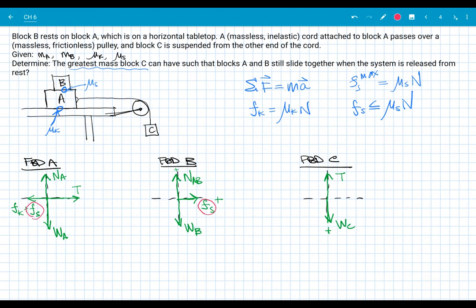You can also, if thinking about static friction is just a little bit too abstract for you, you can consider the interface between block A and B as being somehow hooked together. So, allow there to be some kind of hook here. Let this be block B, and then down here, let's say the interface of block A, and have them be connected in some way.